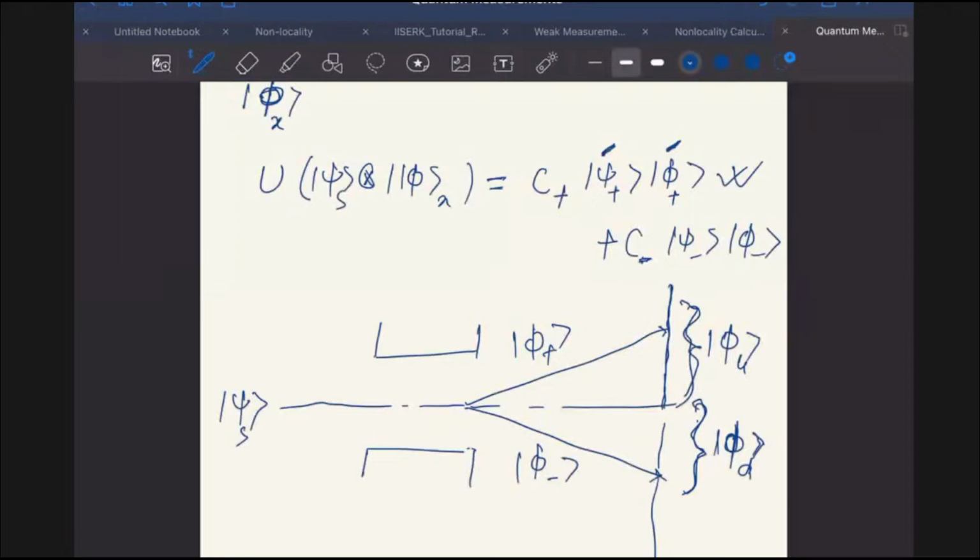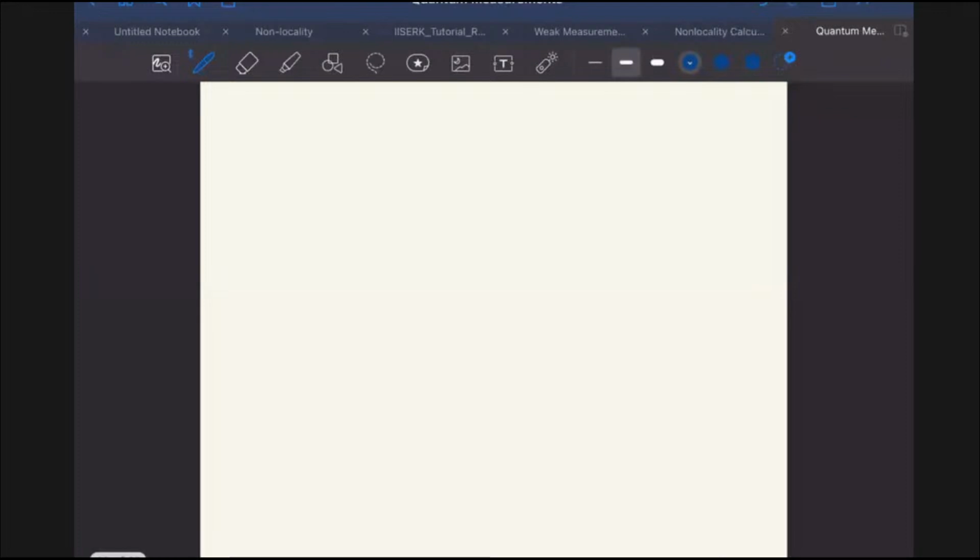So now if I ask the same question, what is the probability that I get a detection in the up? Let me write P U, I am asking this question. What is the probability of getting a detection? This will be this whole state by some projector like this, right?